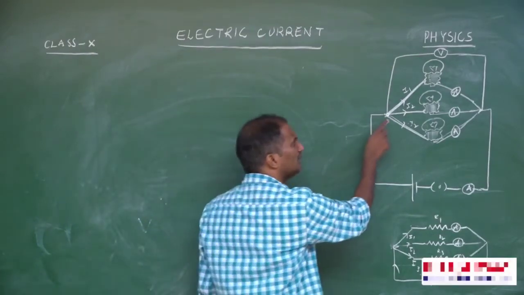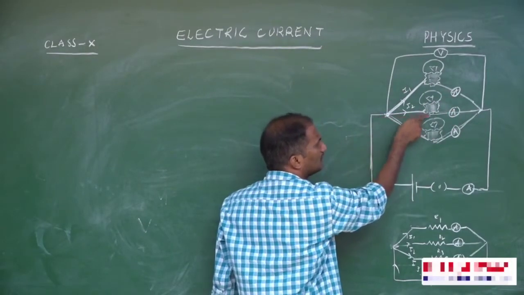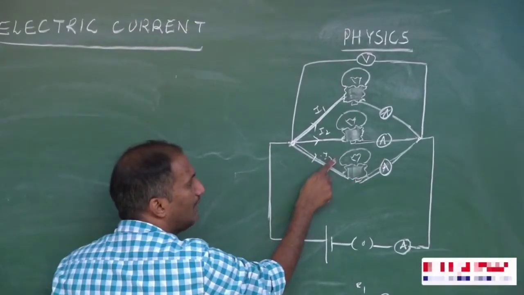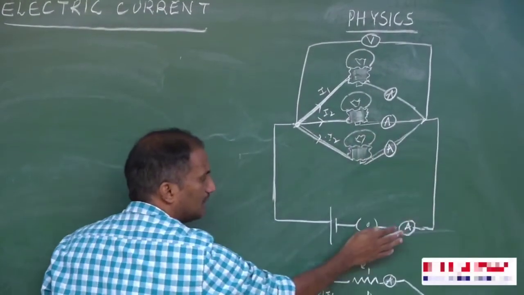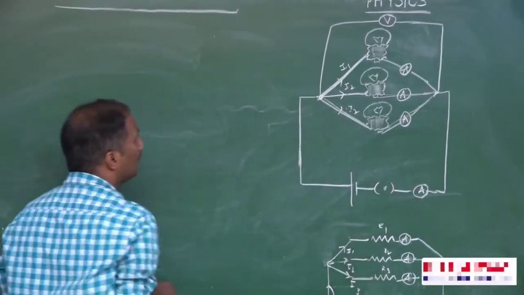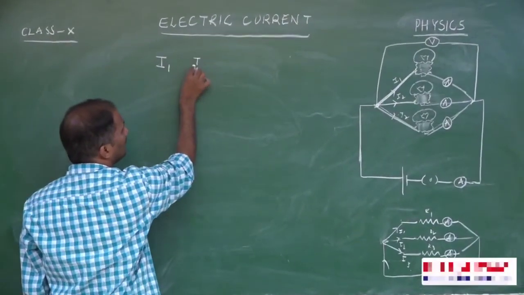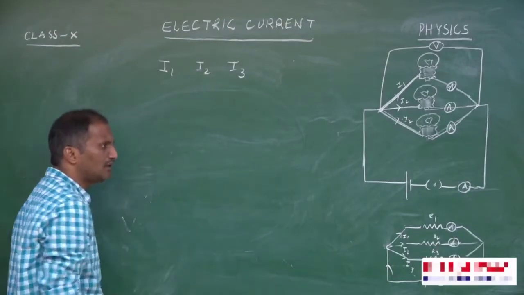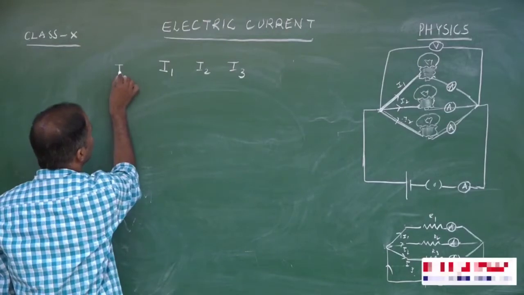Let the amount of current flowing through bulb 1 be I1, through bulb 2 be I2, and through bulb 3 be I3. We also find the total amount of current flowing through the circuit by using another ammeter, and let it be capital I.